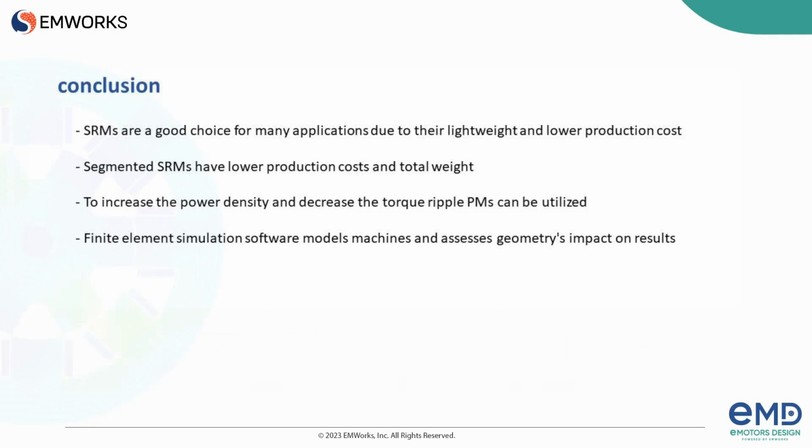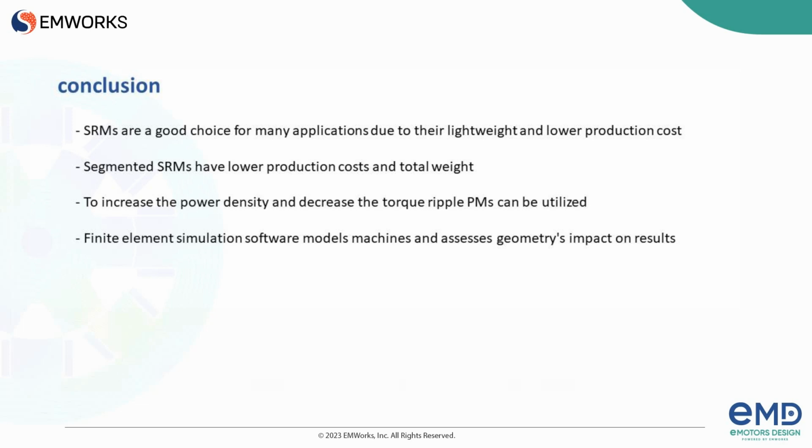Now let's have a conclusion on this webinar. We saw that SRMs are good choices for many applications due to their lightweight, low production cost, and of course good force density, good torque density.